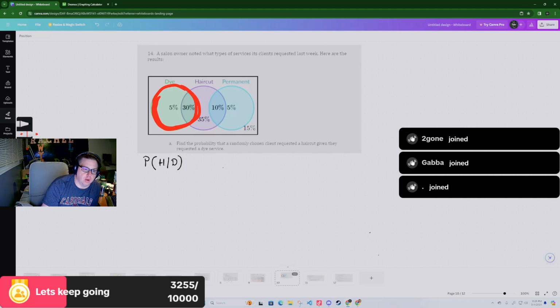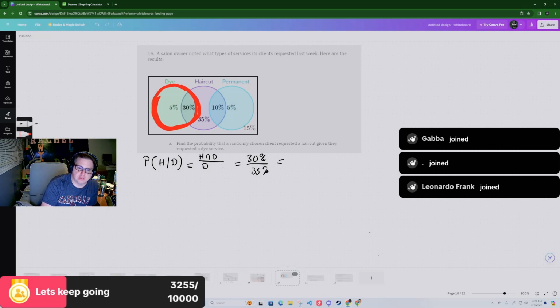Our given is going to be our total. Remember, our desired is a haircut and a dye given that they got a dye. So a haircut and a dye we can see is 30% out of the whole thing, which is 35%.